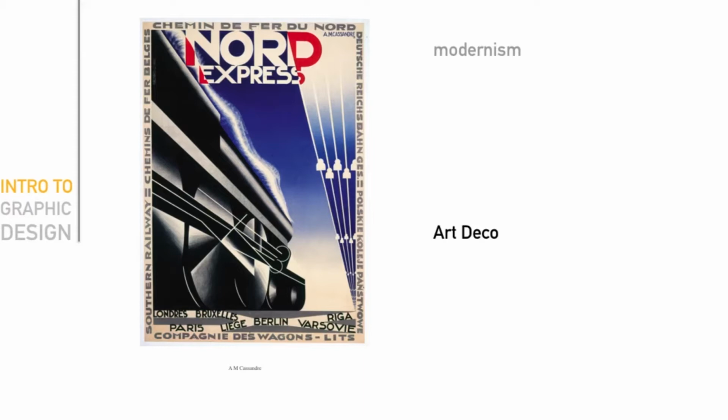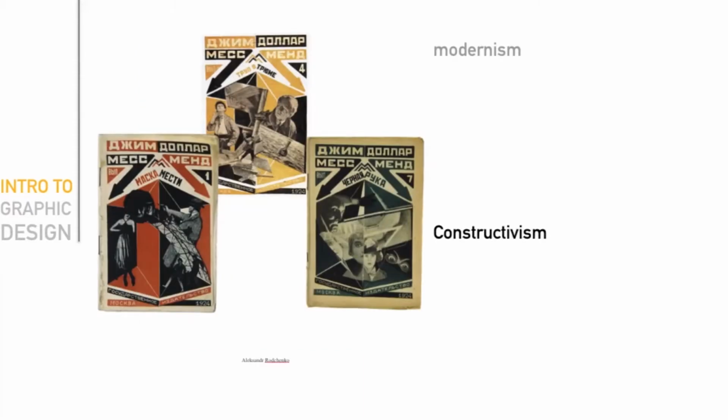Another influence for Art Deco was Russian constructivism. Constructivism is strong geometry, pure color, uses sans serif letter forms. And it also used photomontage, which is the integration of photographic elements into design.